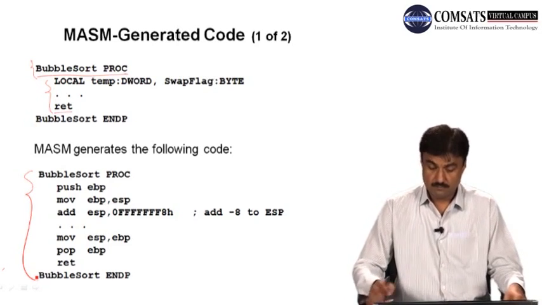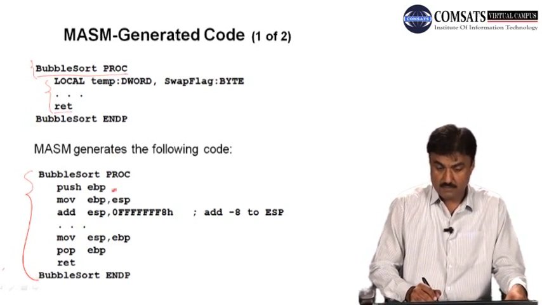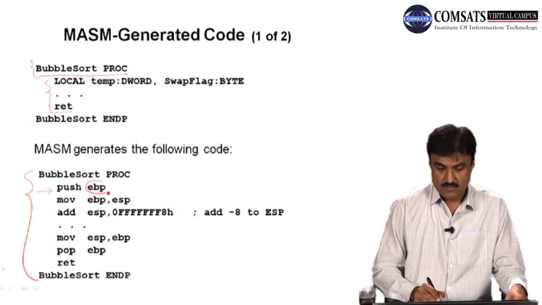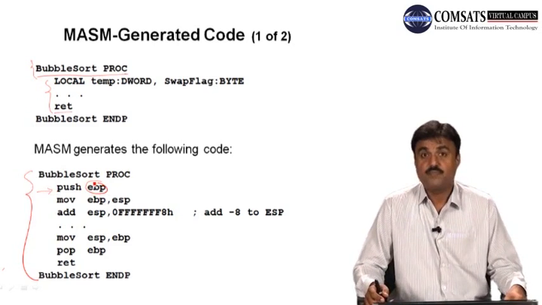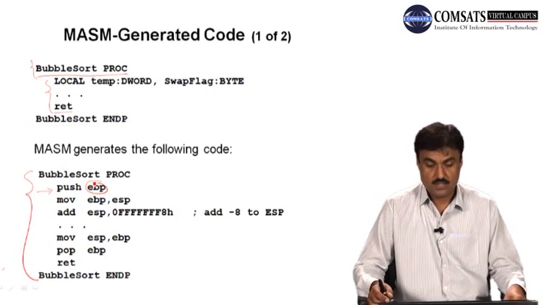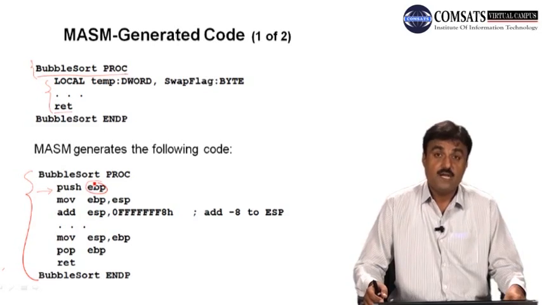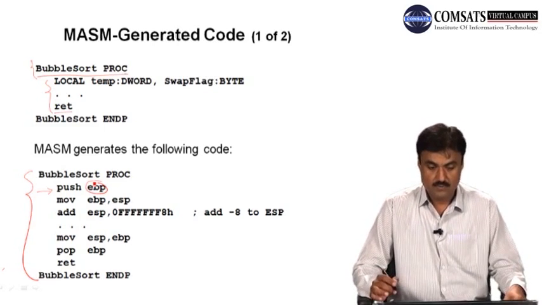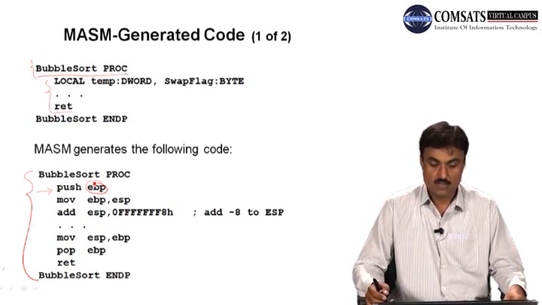So the first instruction that will be added by the macro assembler is push EBP. This is called the base pointer register. So this is the 32-bit base pointer register. Its value will be pushed inside the stack.